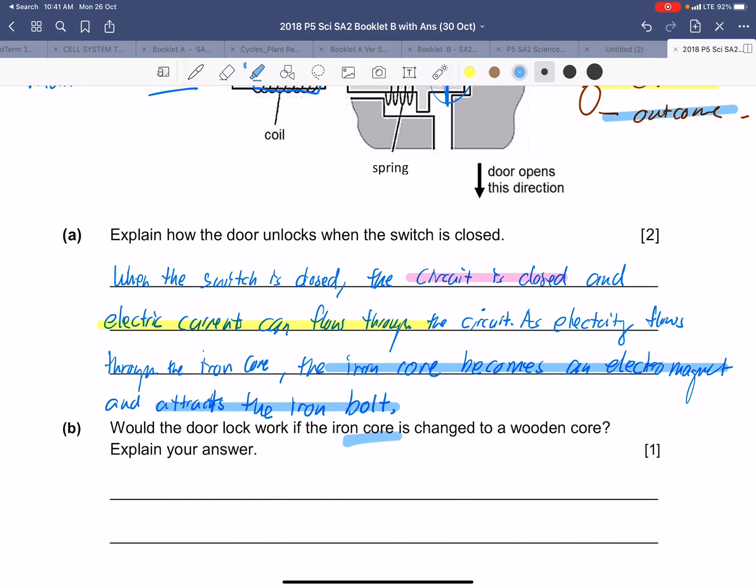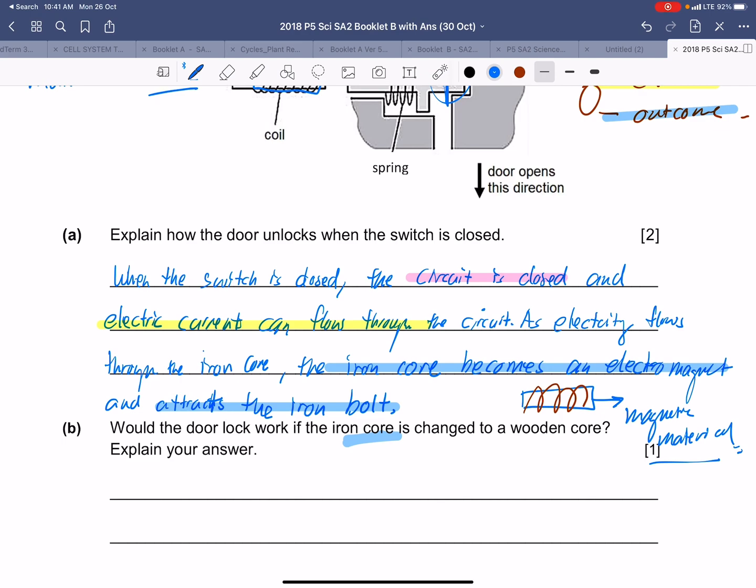If this is your core, the electric current is going through the wire that is going round the core. So it doesn't matter whether or not your core is an electrical conductor. What's more important is that this core is made up of a magnetic material. So be very careful and think about it. Does it need to be a magnetic material, or does it need to be a conductor of electricity?